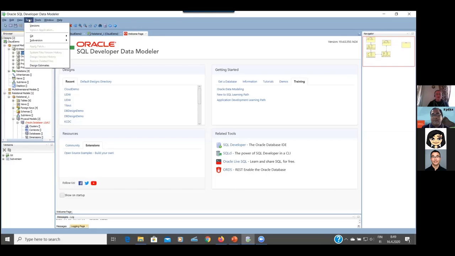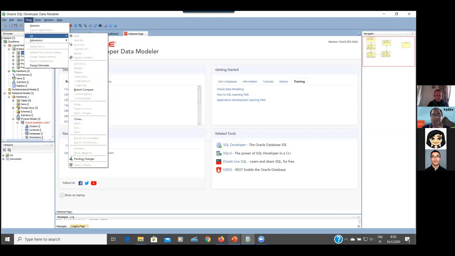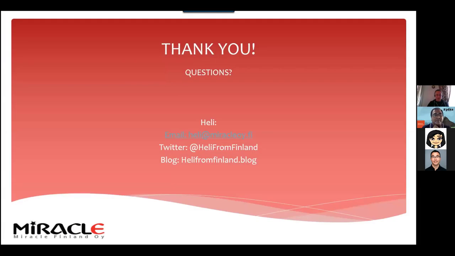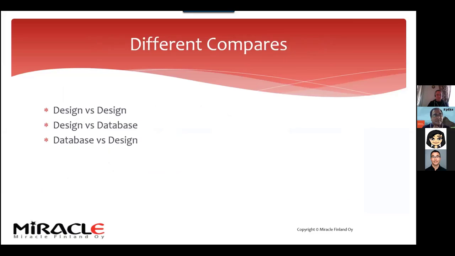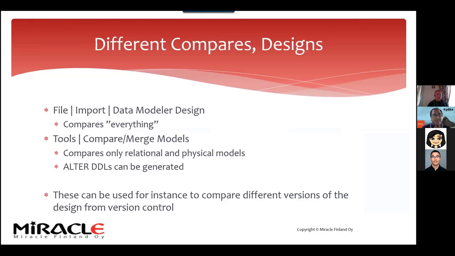And if there is a problem, I figure out that something went wrong, or they want to get a version, something. By the way, when I commit to version control, I always label it somehow. This is version 1.1, this is version 3.5. When I do the compare I mentioned earlier in the slides, different compares, I can compare the two models. I can bring from version control, let's say 1.1, to my laptop, again, to my C drive.